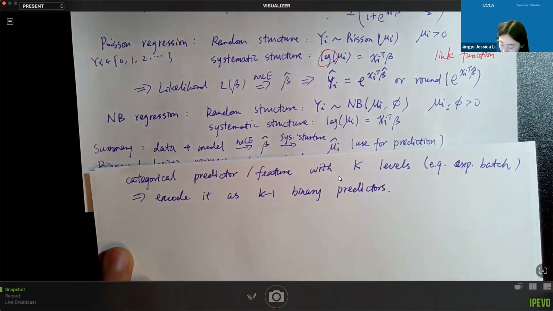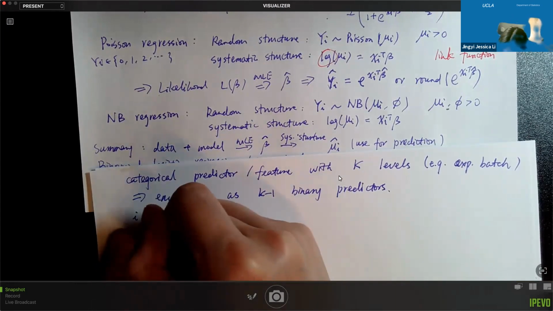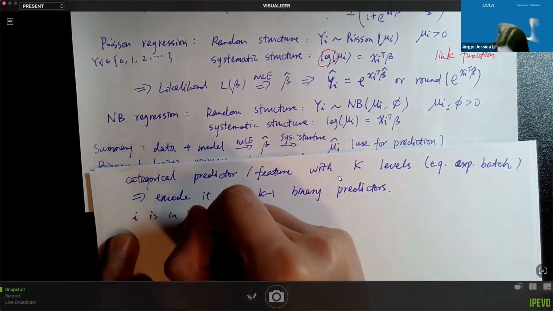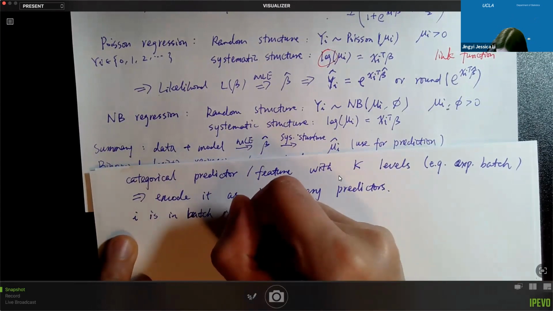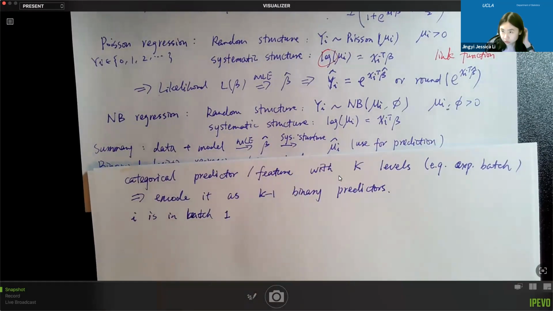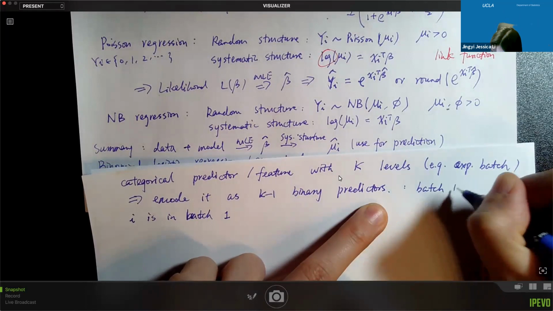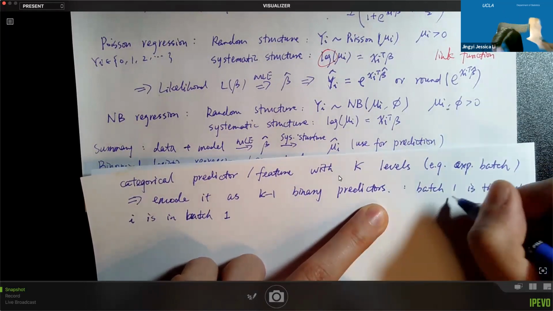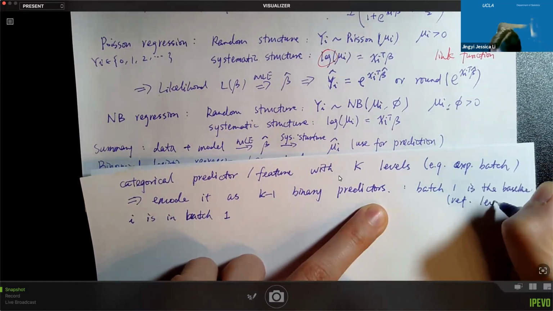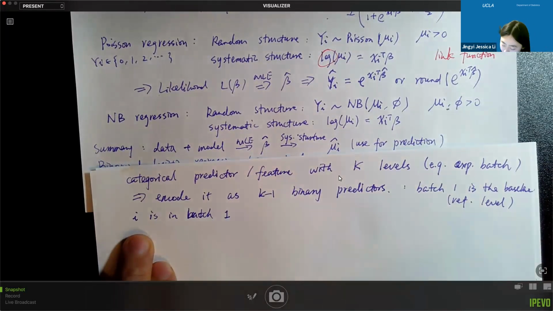It means that, for example, if observation i is in batch 1, then we will take batch 1 as the baseline, or sometimes we call it the reference level, which means that in the k-1 binary predictors, we start from batch 2.